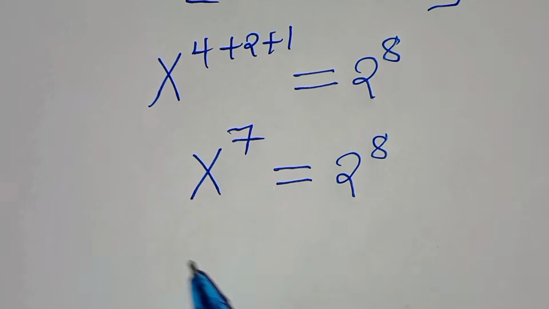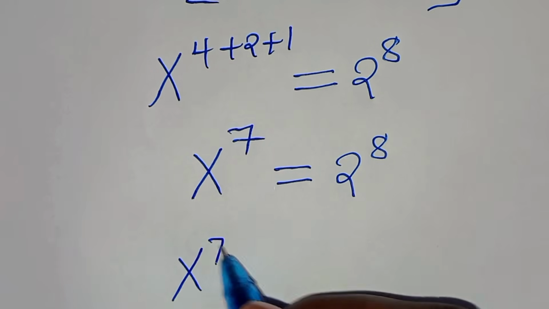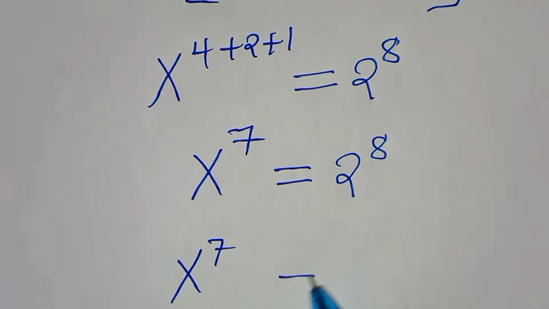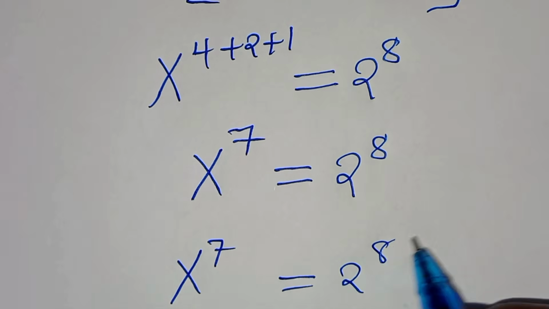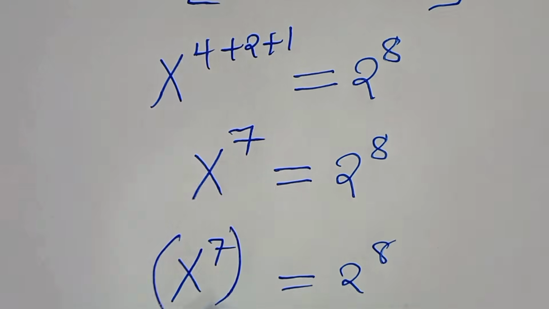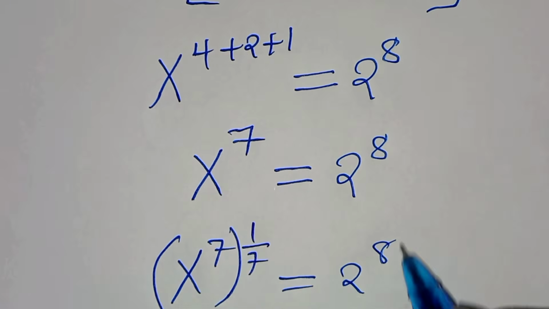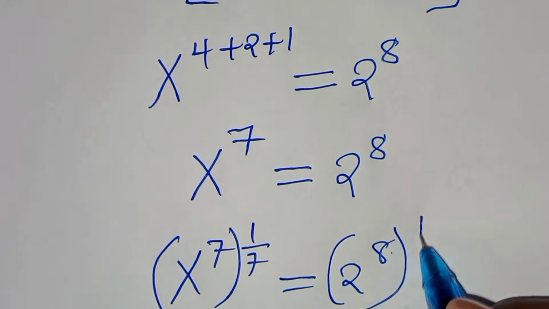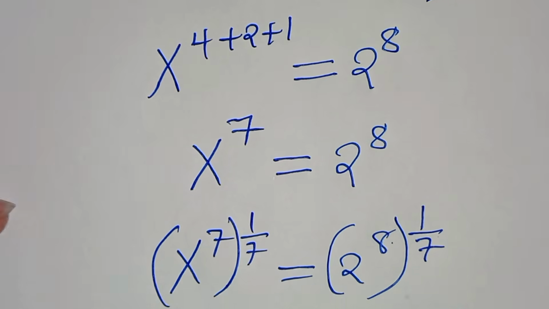Now, this means that we have x to the power of 7 equal to 2 to the power of 8. So let's multiply both sides by 1 over 7. So this is 2 to the power of 8 raised to the power of 1 over 7.